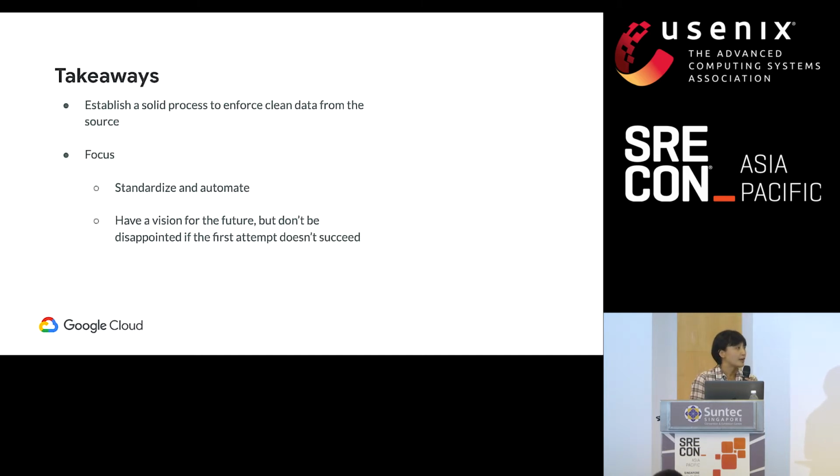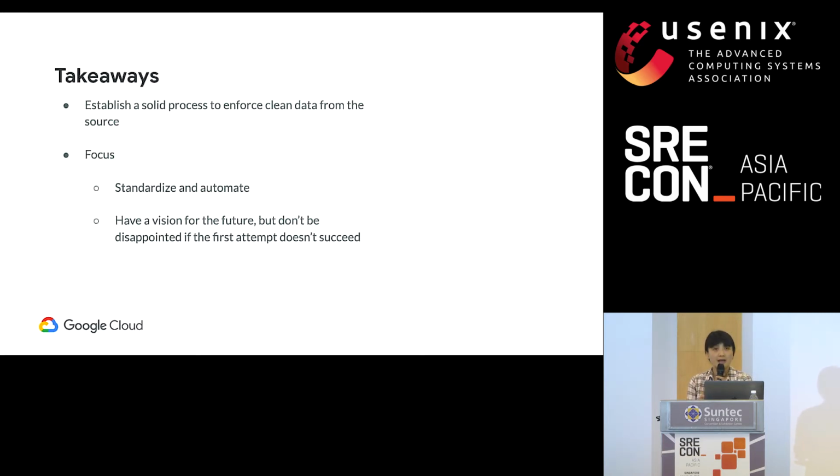So by now, I hope it's obvious what I would like all of us to get as takeaways. For this data-heavy project and application, it's very important to establish our process to enforce clean data from the beginning.